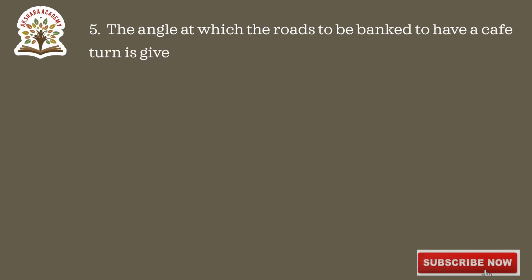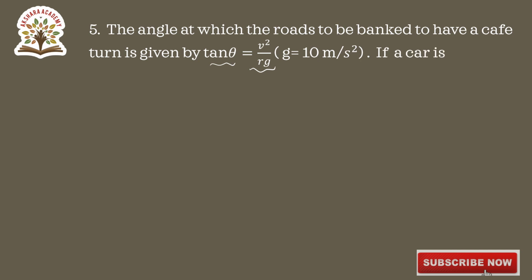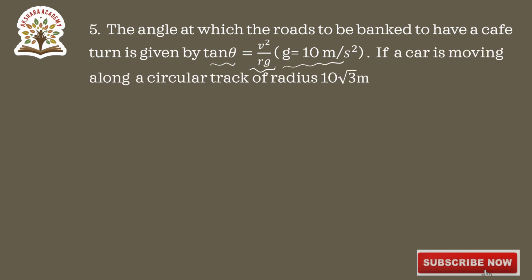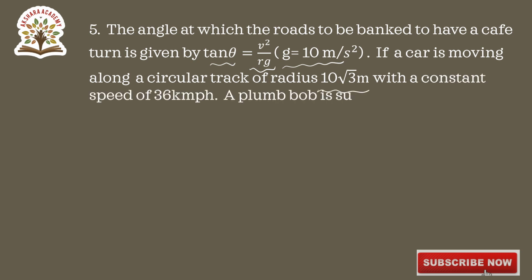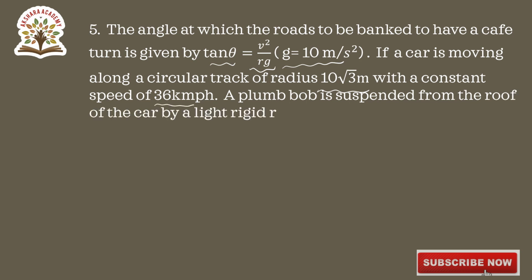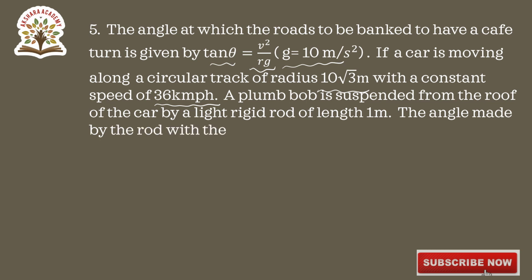Fifth one. The angle at which the road is to be banked to have a safe turn is given by tan theta is equal to V square by Rg. G is given as 10 meters per second square. If a car is moving along a circular track of radius 10 root 3 meters with a constant speed of 36 km per hour, a plumb bob is suspended from the roof of the car by a light rigid rod of length 1 meter.